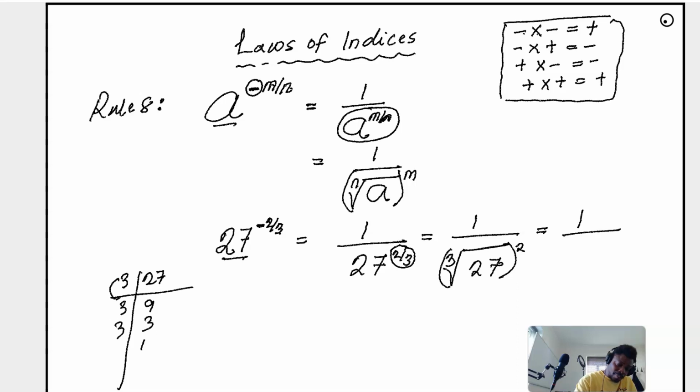So 3 in 3 places gives us 27. So the cube root of 27 is 3. Then there's a power 2 here. So now, 1 over. This means 3 multiplying itself 2 times. 3 times 3. And this is 1 over 9. Easy. Let's go to the next rule.